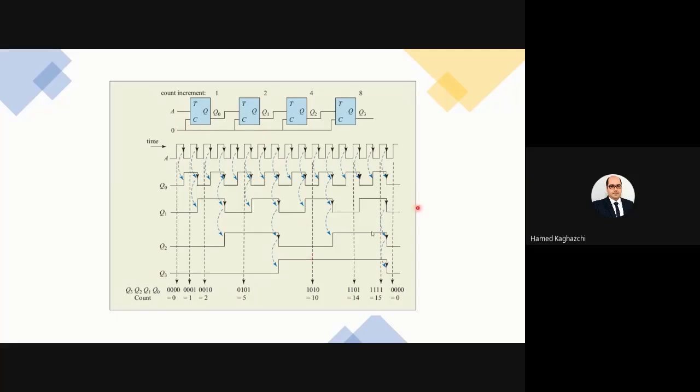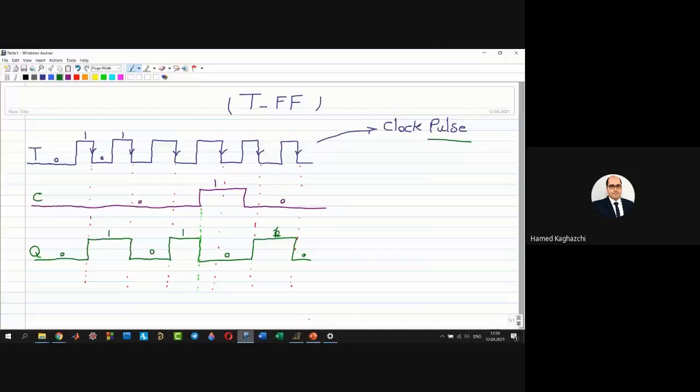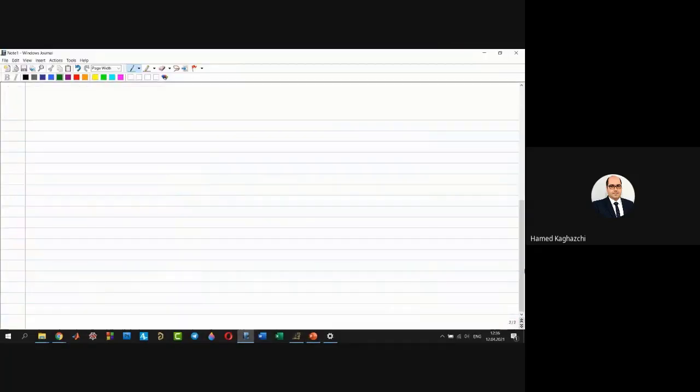Now, let's investigate this example with 3 bits: Q2, Q1, Q0.